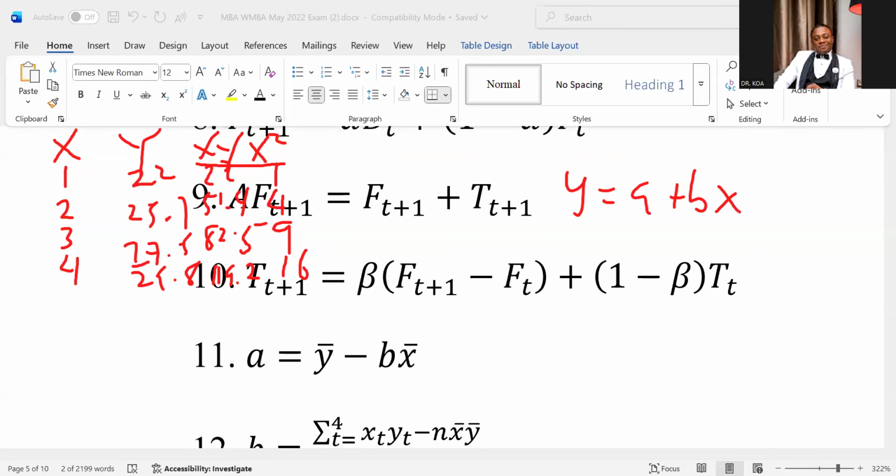Okay. That's usually the case. The next one now is to use that formula. Now, how do you get it? First, you got to find the B. This is the one we are looking for first.